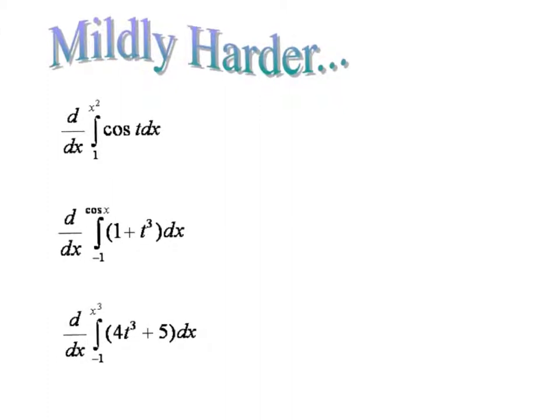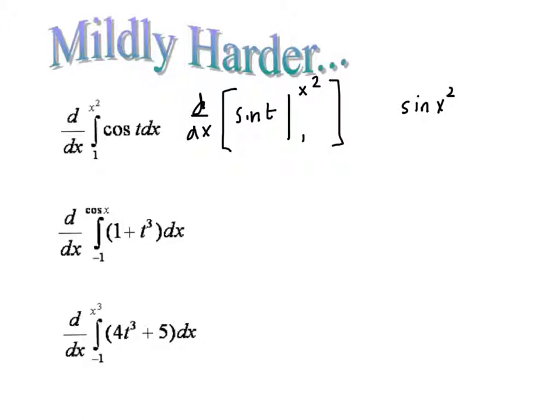So I'm going to take the derivative. Okay, I'm going to leave that. The antiderivative of cosine is just sine. I plug in x squared, so I get the sine of x squared minus sine of 1.